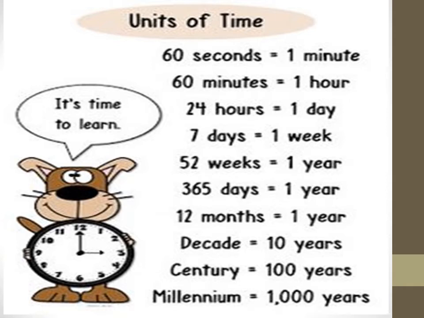Like 60 seconds, that's 1 minute. 60 minutes, that's 1 hour. 24 hours, makes 1 day, and so on. So maybe you have your way of remembering this, because of course you have to know it by heart because of the times when you have to write your exams or do some exercises. Okay, so these are the units of time that we have. We'll be making reference to it from time to time if we have to convert units of time.